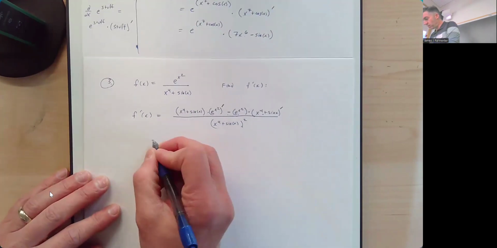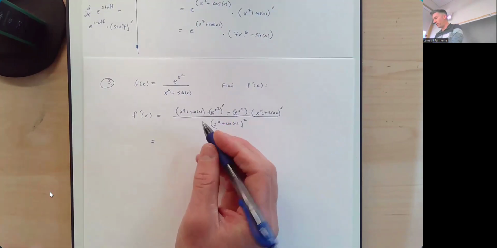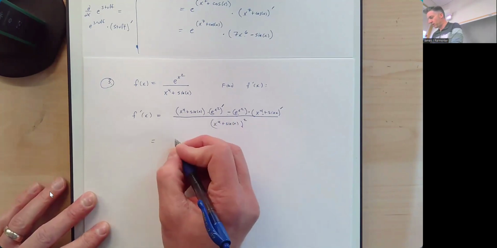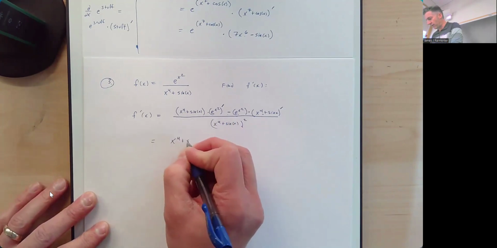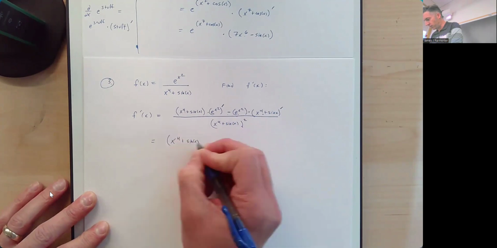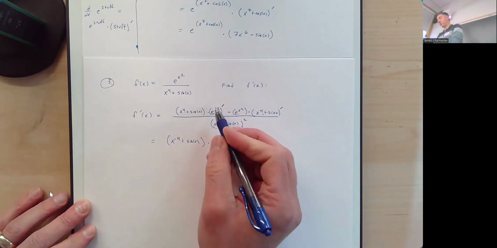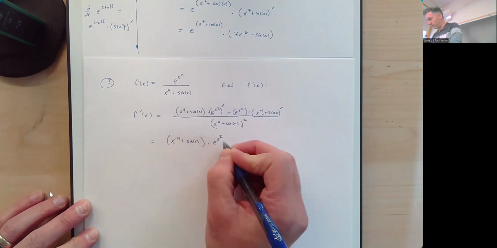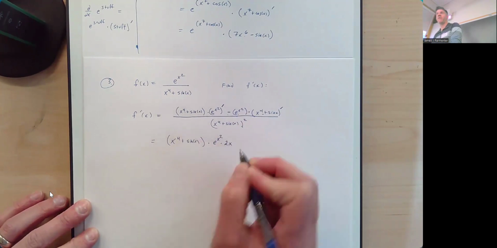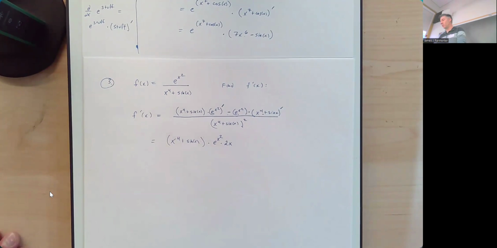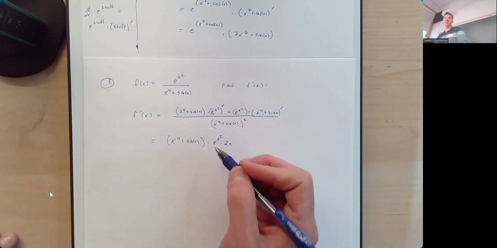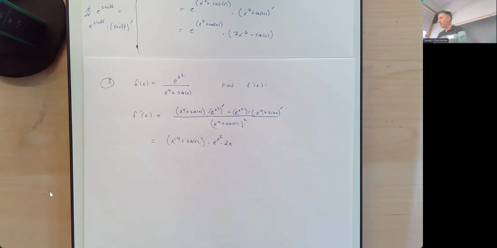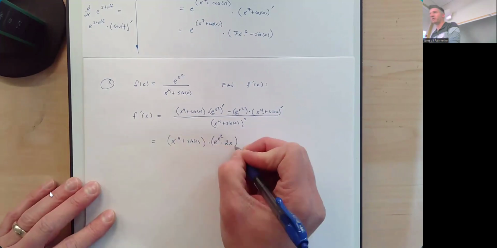So then we actually have to find the derivatives of the things we have to take the derivative of. So we're going to get x to the fourth plus sine of x in parentheses times the derivative of e to the stuff, which is e to the stuff times the derivative of that stuff. Now, technically, I don't need to put parentheses around that because there isn't addition or subtraction to distribute to. I still feel better about it if I put parentheses around it.